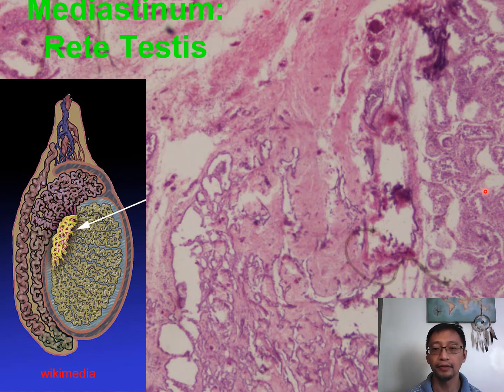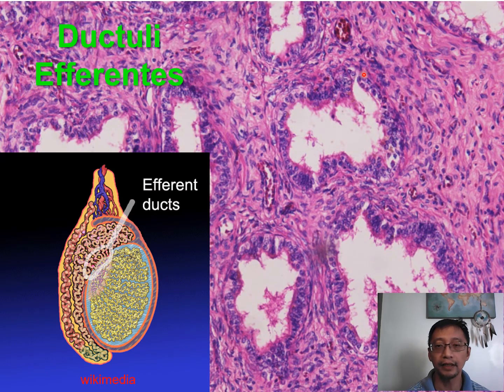From the seminiferous tubules, you have now your immature sperm cells that will pass through your straight ducts, and this will drain into your rete testis. Your rete testis is lined by low cuboidal cells. From the rete testis, it will drain now into your efferent ducts. The efferent ducts are lined by tall and low cuboidal cells.